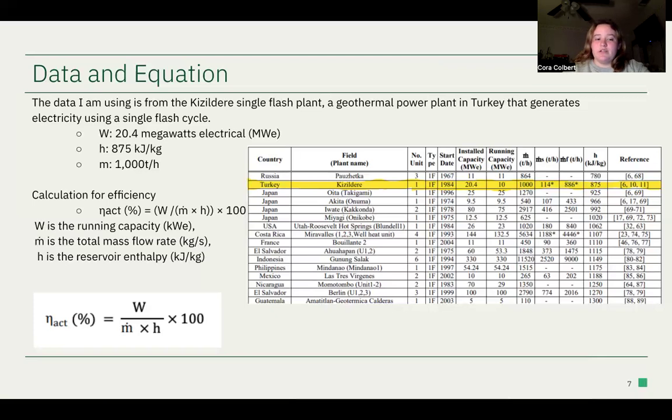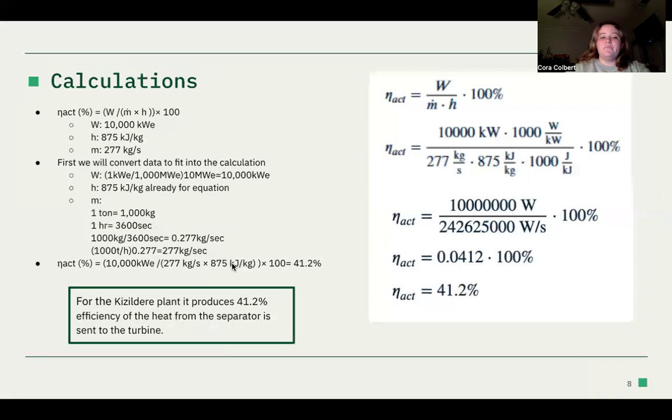So from this information, the numbers that I'm going to be using in the equation are that W is going to be 20.4 megawatts electrical. H is 87,875 kilojoules per kilogram. And M is going to be 1,000 tons per hour. And these are the numbers that I got for my data.